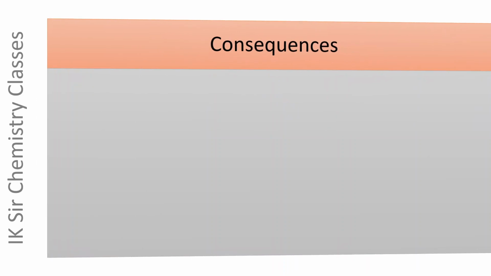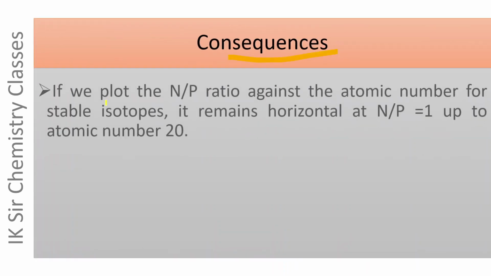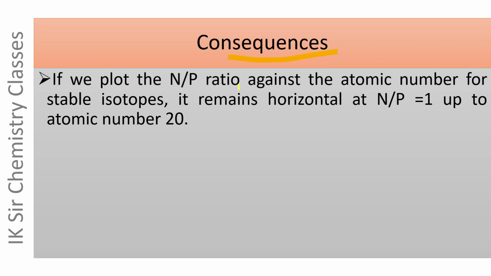And what are its consequences? If we plot N by P ratio against atomic number for stable isotopes, the curve remains horizontal at N by P equals 1 up to atomic number 20.